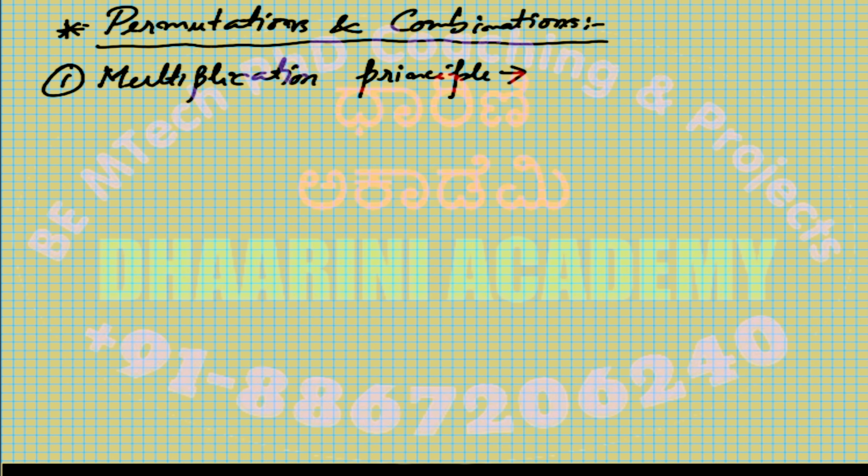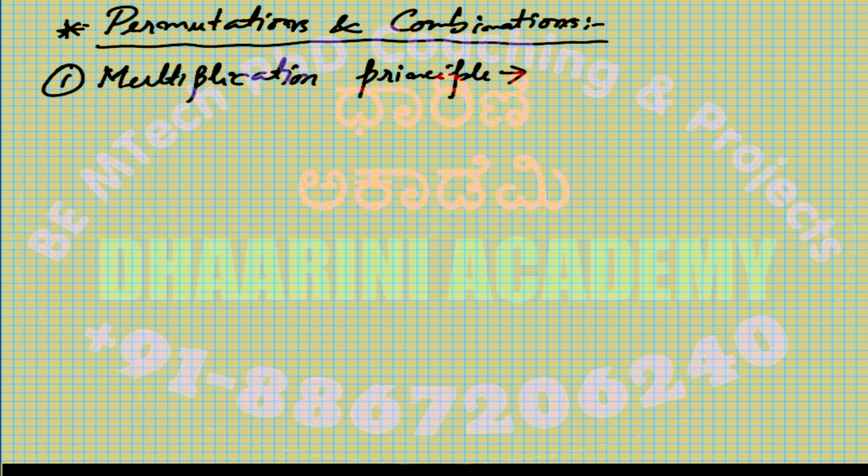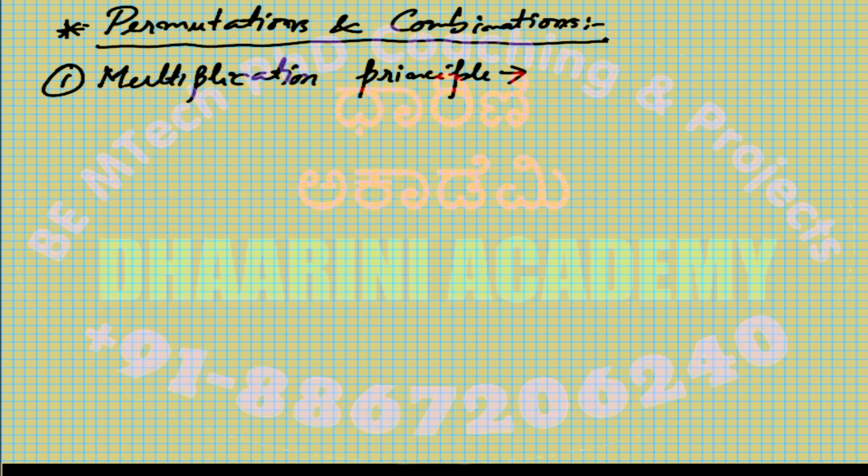Let us say there is an operation which can be performed in m different ways, and there is another operation that can be performed in n different ways. Then the two operations in succession can be performed in m into n ways. That's the fundamental principle of multiplication in mathematics. Let me give a statement here.